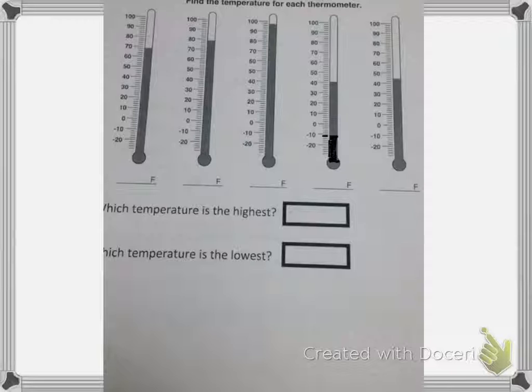Some students might go 20, 22, 24, 26, 28. But actually this is below 0, so we're counting down. We're counting negative 2, negative 4, negative 6, negative 8, negative 10, negative 12 degrees Fahrenheit. So it's closer to negative 10 than it is to negative 20. So you have to be careful when you're doing the negatives that you're counting properly.